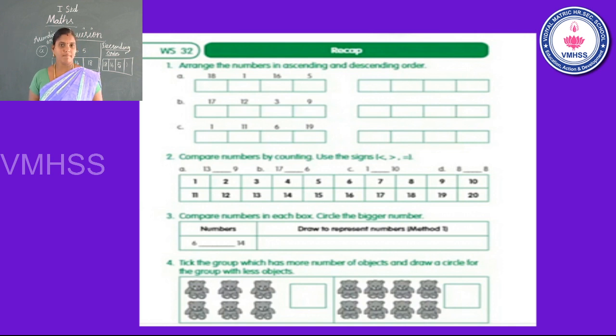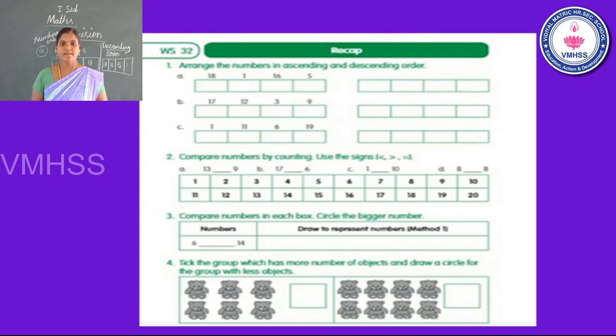See the problem: 1, 11, 6 and 19. What is the first number? Smaller number to bigger number. Which one is the smaller number? 1. Very good. Next 6.